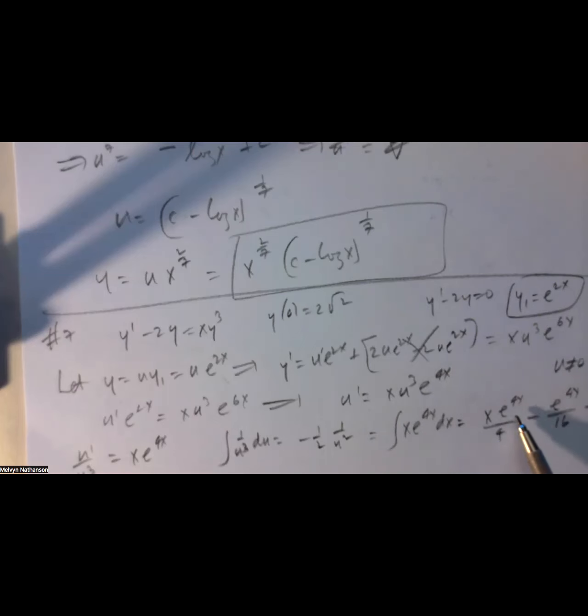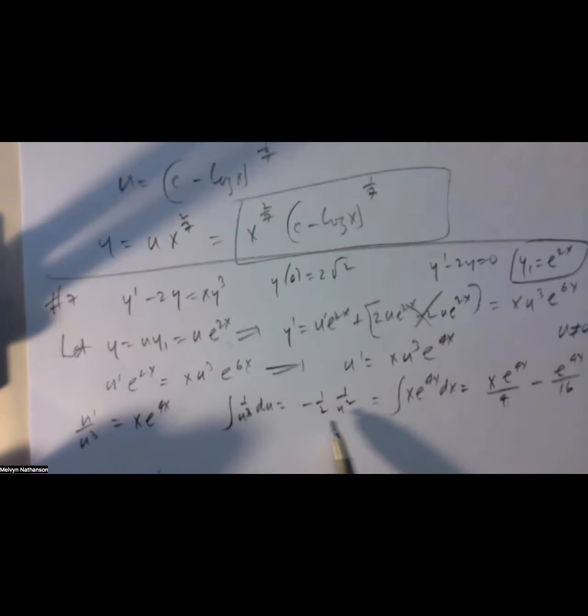Right? If you differentiate this, you get e to the 4x over 4 plus x e to the 4x minus e to the 4x over 4. So this is integration by parts.